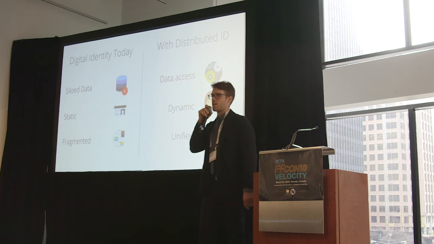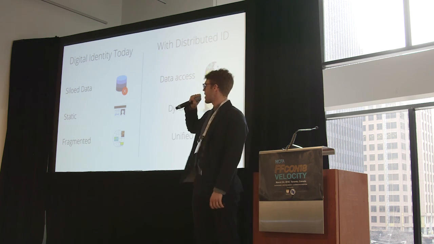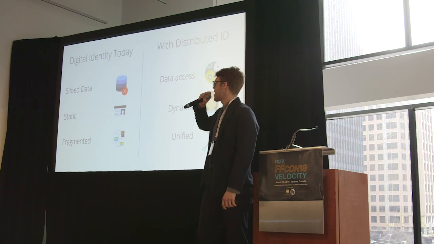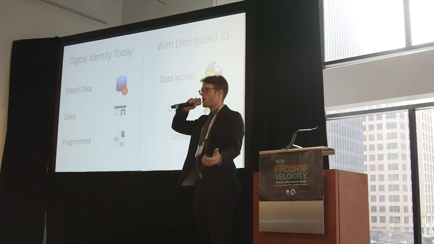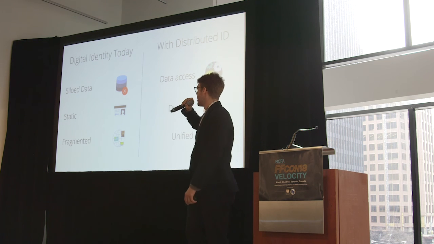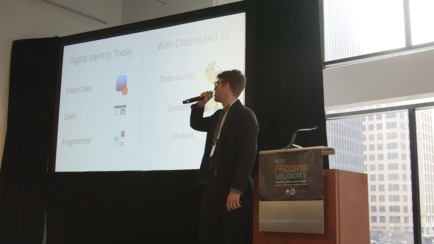This is the current state of digital identity. The siloed data that doesn't accurately identify the user is based on static attributes which only identified you at that point in time. Consider your driver's license: a picture is taken that stays with you for 10 years. And it's fragmented across all of the different services that you might be onboarded to.